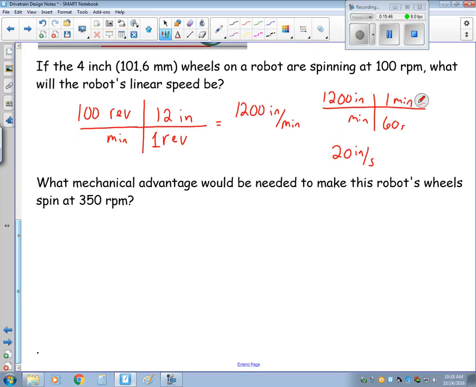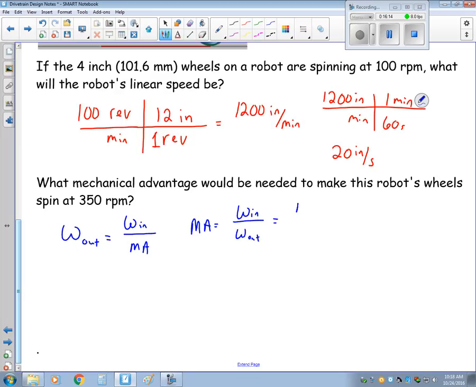We could also try to find the mechanical advantage that would be needed to make the robot's wheel spin at 350. Mechanical advantage: we have our output speed equals our input speed divided by mechanical advantage. So mechanical advantage would equal the input speed divided by the output speed.